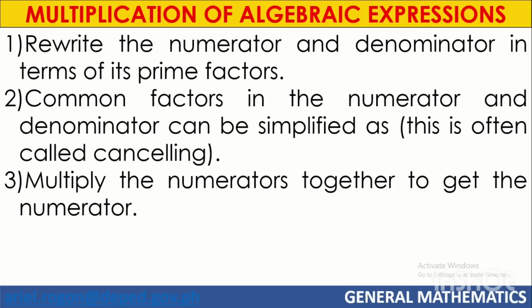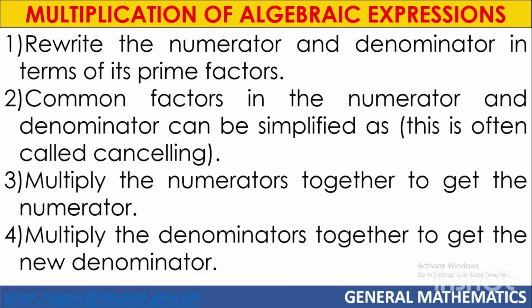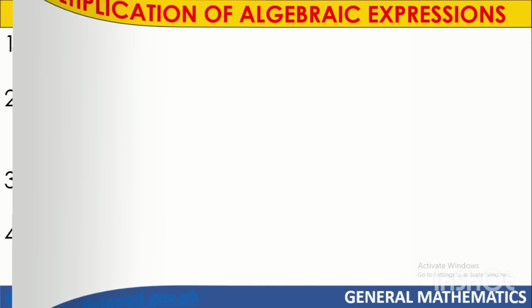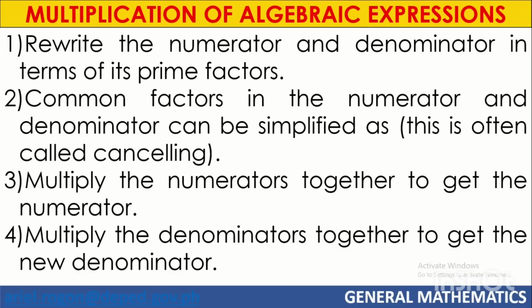Multiply the numerators together to get the new numerator. And lastly, multiply the denominators together to get the new denominator. So those are the four steps we follow when multiplying algebraic expressions.